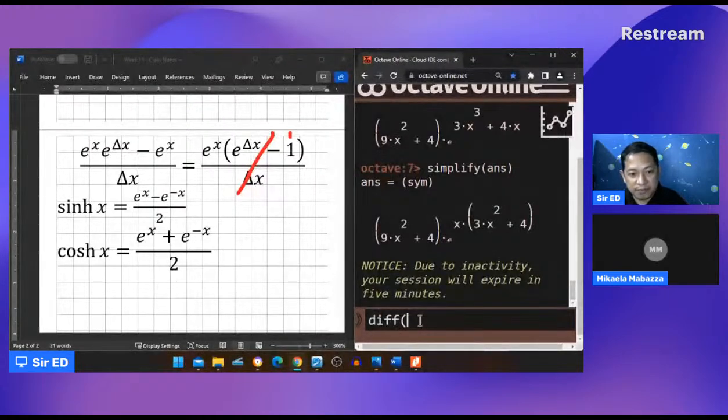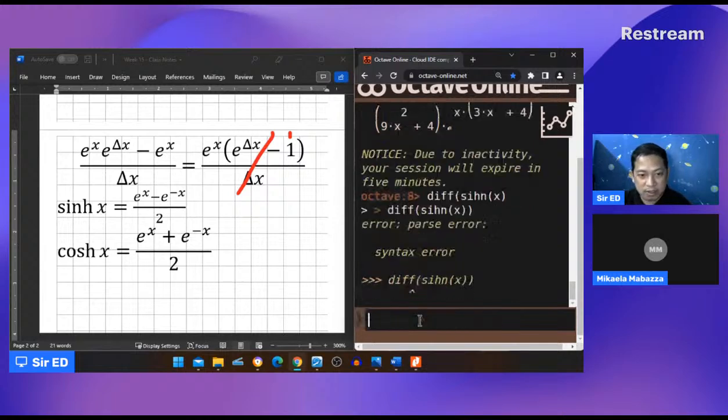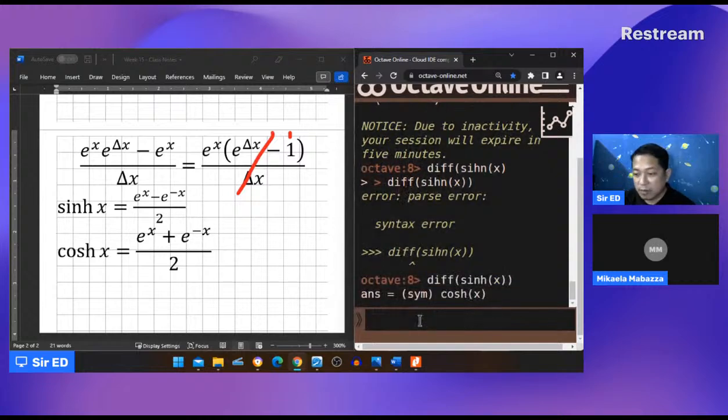So kung diff of hyperbolic cosine x, nawala na naman siya kasi walang parenthesis. Yan, cosine, di ba?